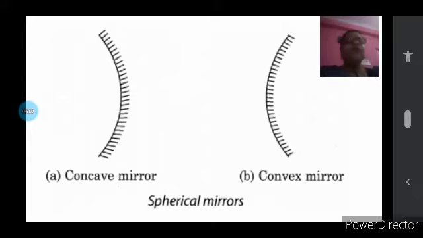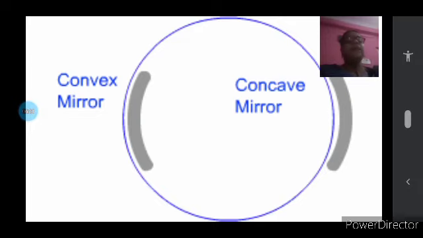Why are they called spherical mirrors, children? These are the two types of spherical mirrors actually. So why are they spherical mirrors? Just let us see. You can see both of them, the convex and concave, are part of a sphere. A spherical mirror is a part of a sphere. So the two types of spherical mirrors are convex and concave.